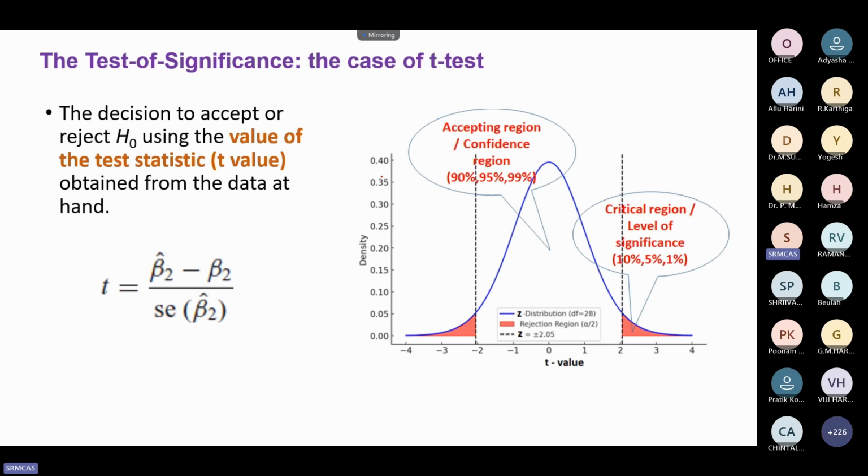But practically we do not know the population parameter, so we usually take the sample standard deviation. In such cases, whenever a sample is involved, we usually use the t test. The concept is more or less similar: rejecting or accepting the null hypothesis.